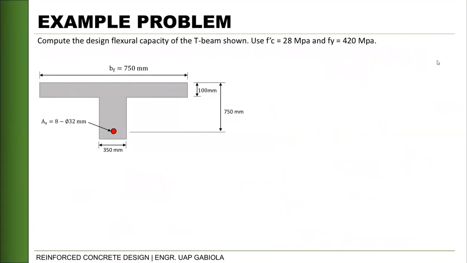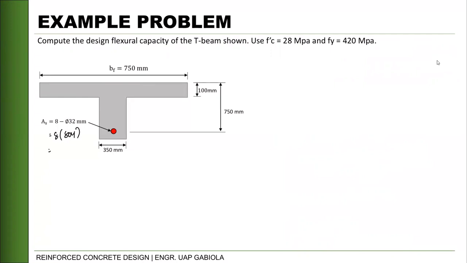So we have here, compute the design flexural capacity of the T-beam shown using F prime C is equals to 28 megapascal and Fy is equals to 420 megapascal. We have already a given width of flange of 750, height of flange is 100. We have an area of steel of 832, so we can use 8 times 804.